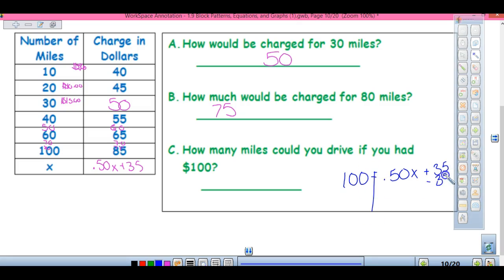So what do I have to do? Subtract 35. What do I get here? 65 equals 50 cents X. Divide by 50 cents.